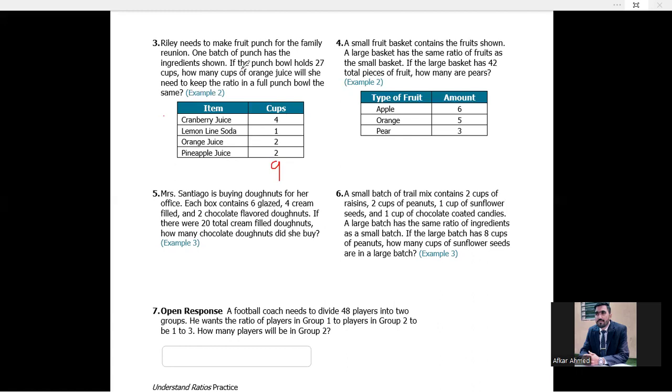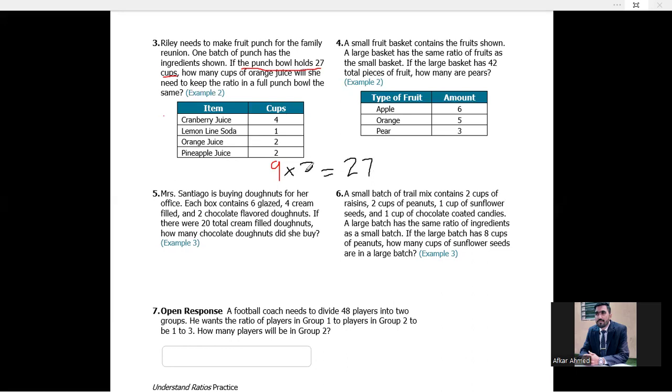But if the punch bowl holds 27 cups, yani if she wants to make 27 cups, how will she make the 9 cups into 27? So basically he's asking, if the total cups are 27, what number will you multiply by 9 to get 27 cups? We know that 9 times 3 is 27.